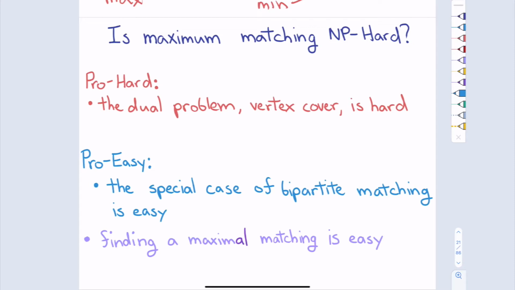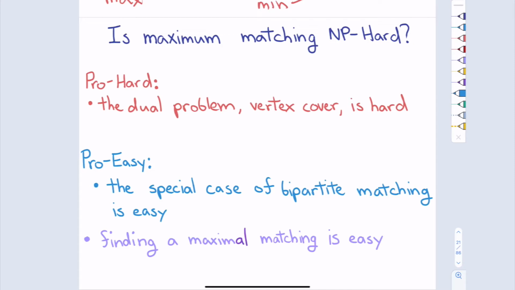We've been talking a lot about how the primal and dual problem are often closely related to each other. They're two sides of the same coin sometimes. And here we've shown that the dual problem is NP hard. So there's some kind of mirror image thing going on between vertex cover and matchings, and we've shown that vertex cover is NP hard. Maybe that suggests maximum matching is NP hard.